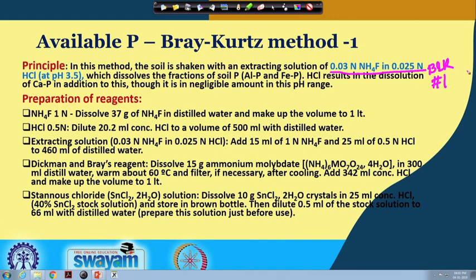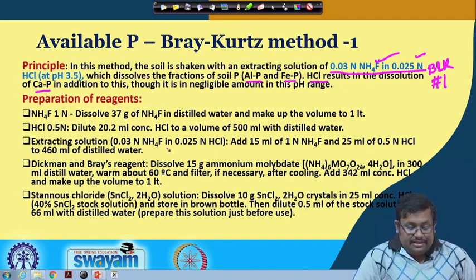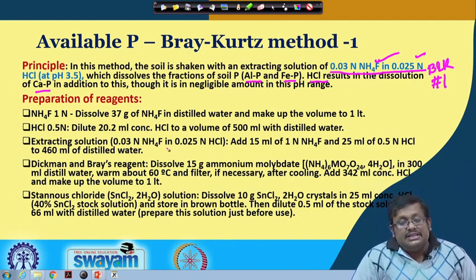Because it contains both ammonium fluoride and HCl, it dissolves the fractions of soil P, that is aluminum phosphate and iron phosphate. Ammonium fluoride is responsible for dissolving the aluminum phosphate and iron phosphate, and HCl results in the dissolution of calcium phosphate in addition to this. However, this is a very negligible amount in this pH range. So this is the principle behind the Bray and Kurtz number 1 method.